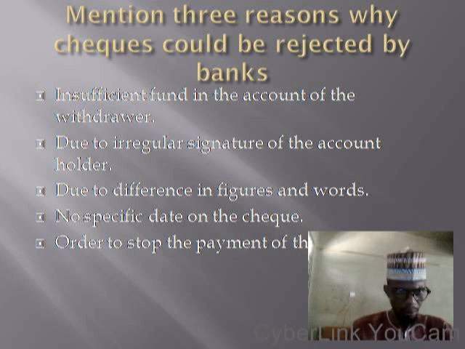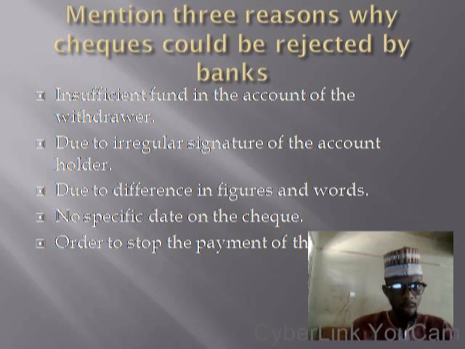Now, number 4, no specific date on the check. If your check does not have a date on it, your check will be rejected because you write the date that the check should be paid.